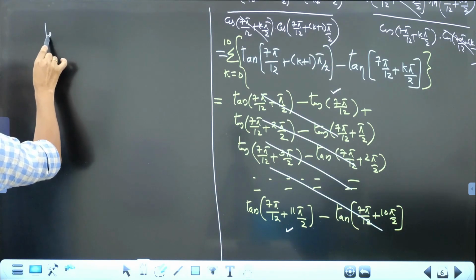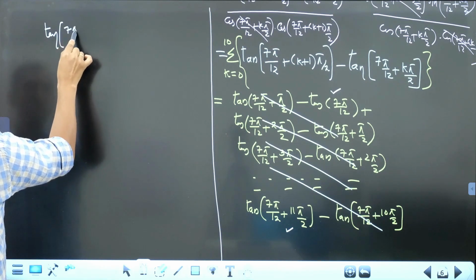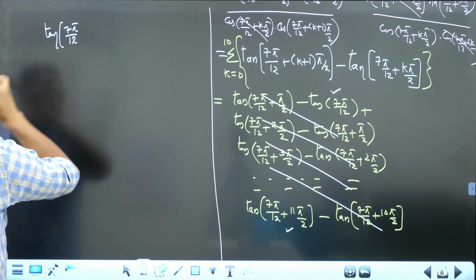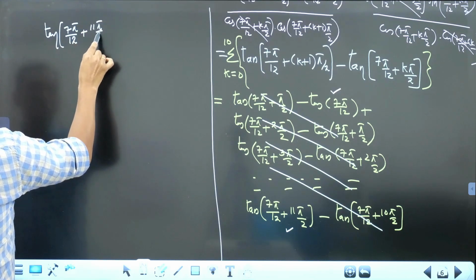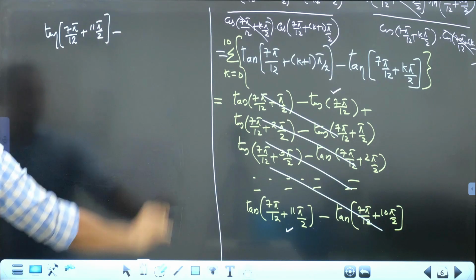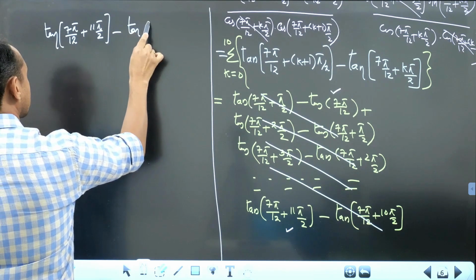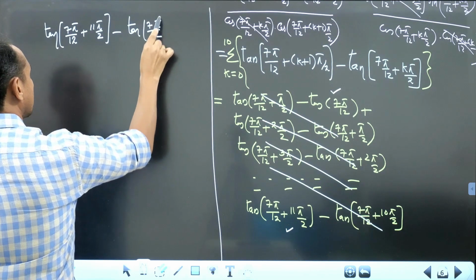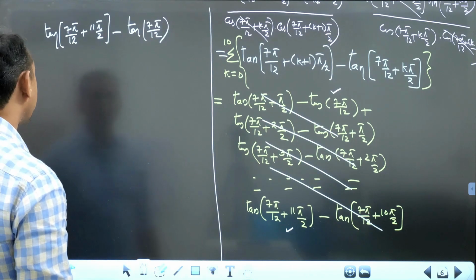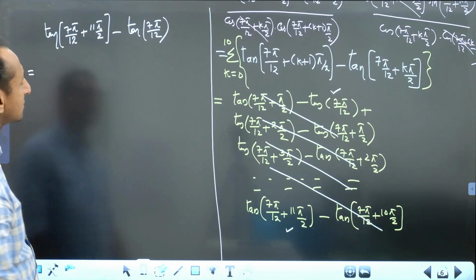So tan of (7π/12 + 11π/2) minus tan of 7π/12. Simplify this. How do we simplify it?